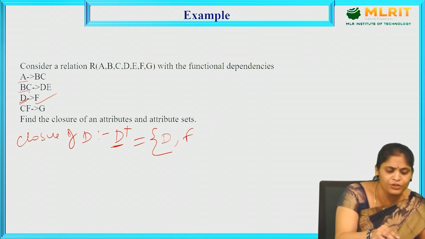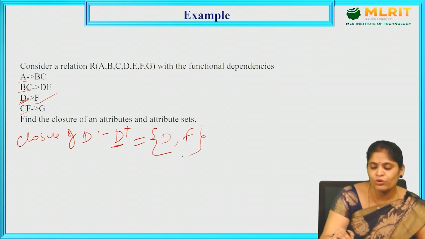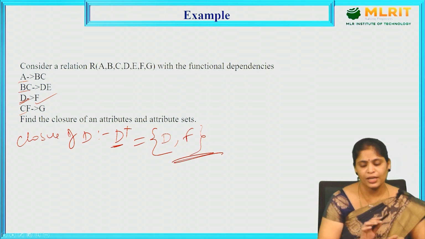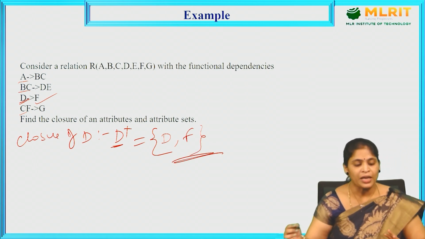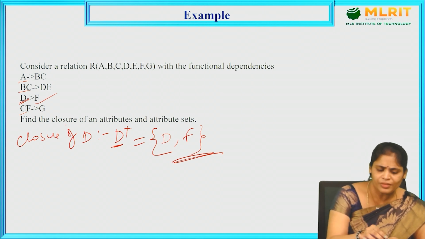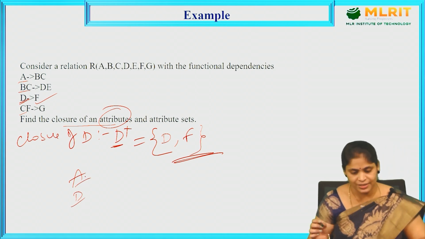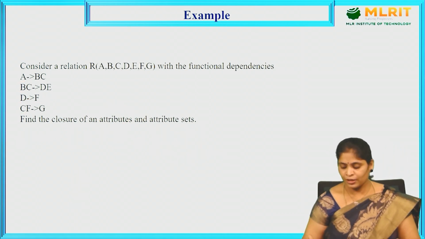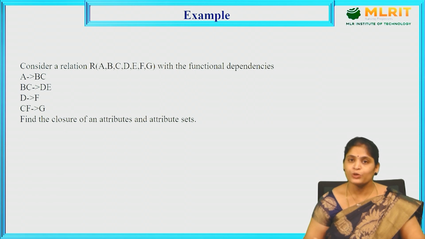DF uniquely doesn't derive anything. So we must not include anything, and this is the closure of D. So in this way we can represent the closure of attributes. Attributes means what? A and D. These are single attributes. Now let us discuss how to find the closure of attribute sets.